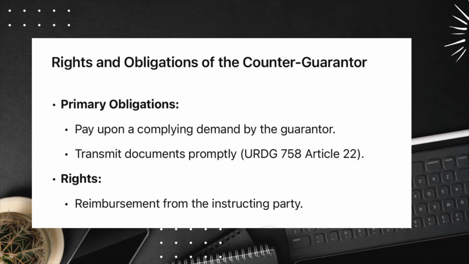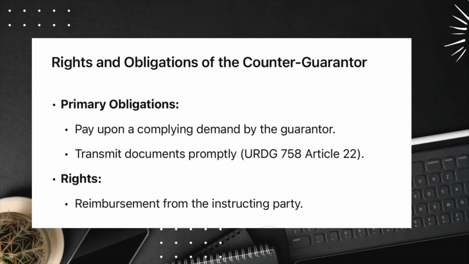Primary obligation. A counter-guarantor has one primary obligation, to pay a complying demand from the guarantor under the terms of the counter-guarantee. Essentially, if the guarantor receives a valid demand, they will turn to the counter-guarantor for payment. This setup ensures that the beneficiary will be paid even if the guarantor itself does not have the funds on hand.